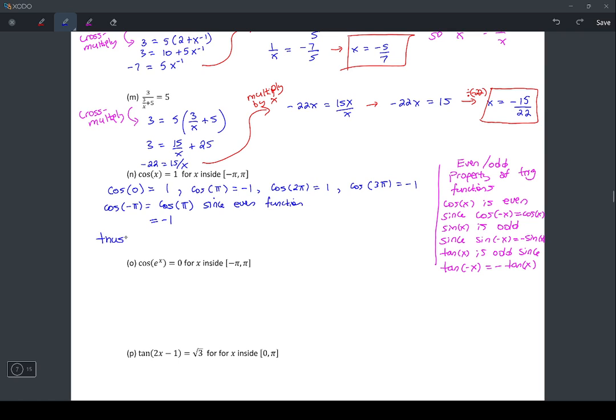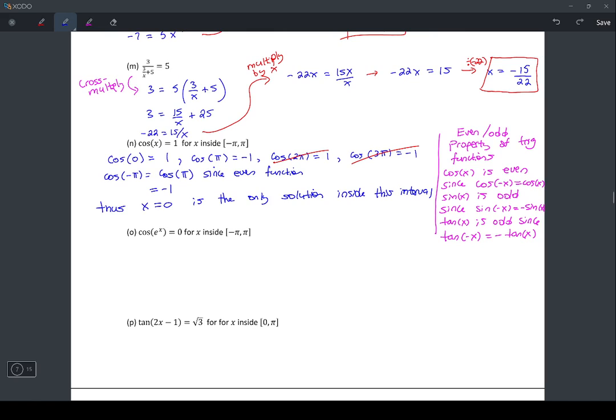Thus, x equals 0 is the only solution inside this interval. So I should cross out the 2 pi and the 3 pi since they're not inside the interval. It's just the 0, the pi, and the negative pi that are candidates.